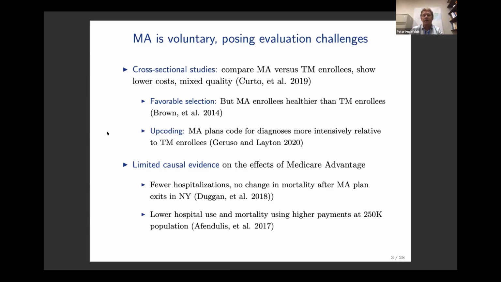Another paper looked at variation in payment thresholds depending on how large of a metropolitan area you're in, and used that to get exogenous variation in Medicare Advantage enrollment. That paper also found lower use of hospitals and hospitalizations and mortality. So the causal evidence to date does show more efficient care without an adverse effect on quality.